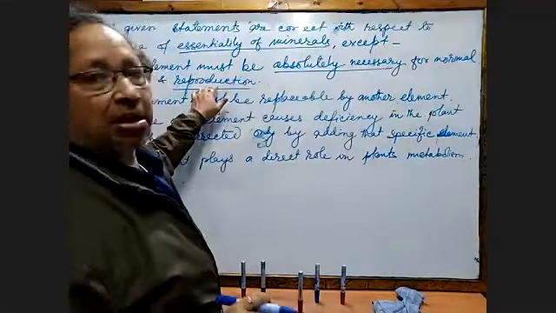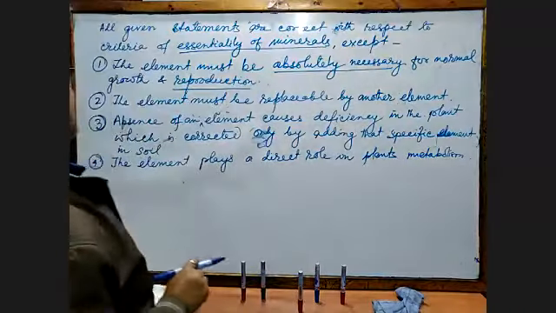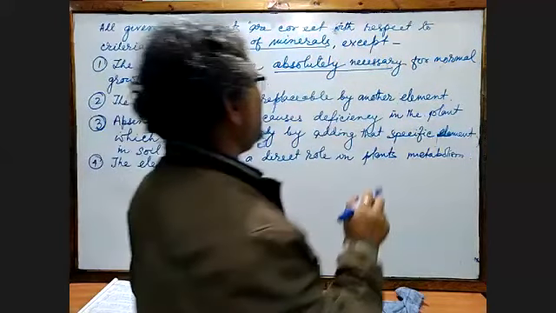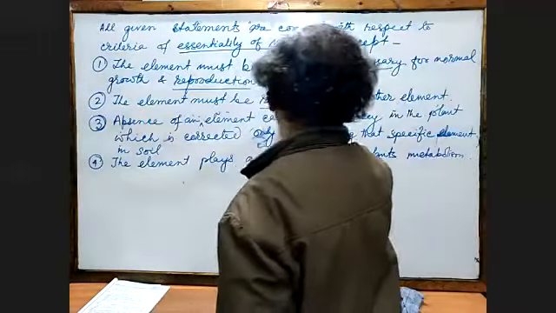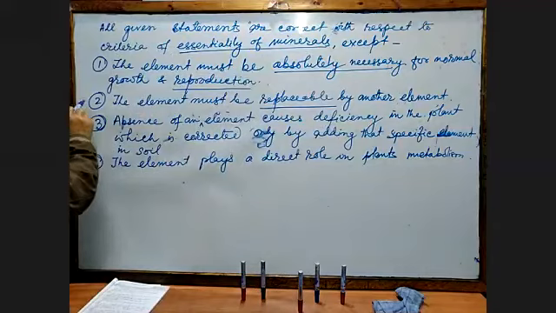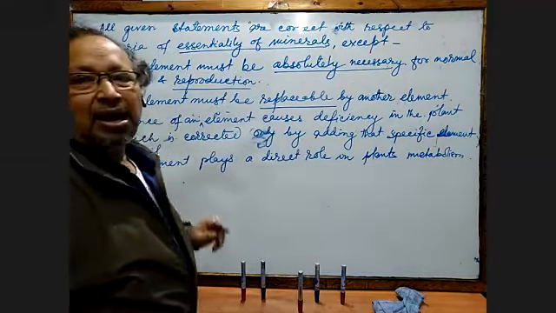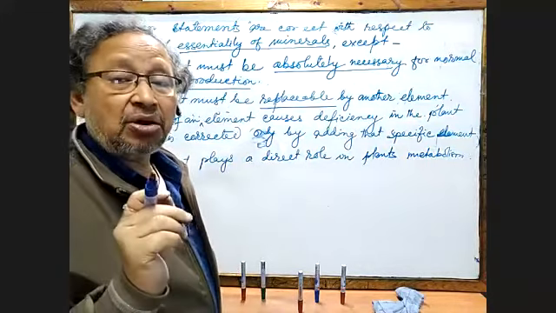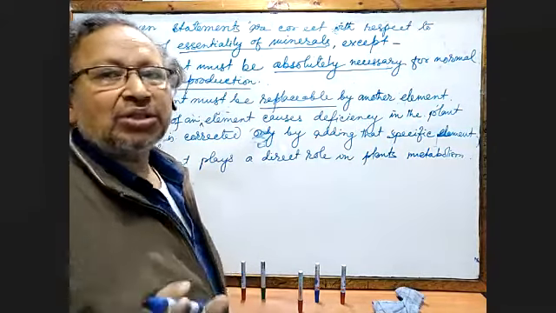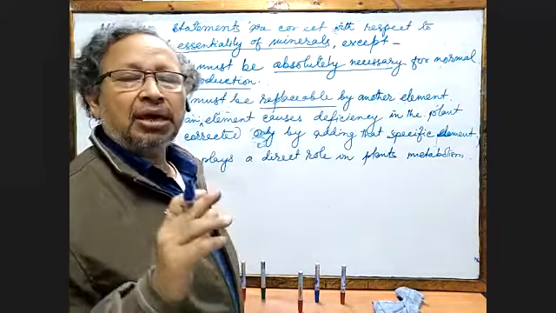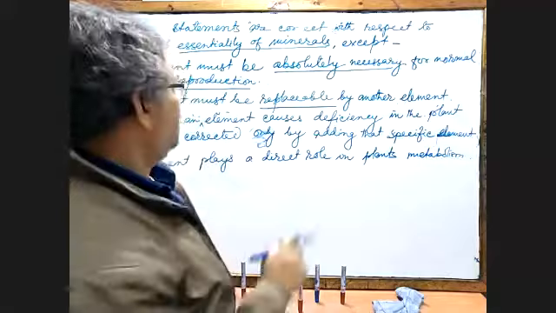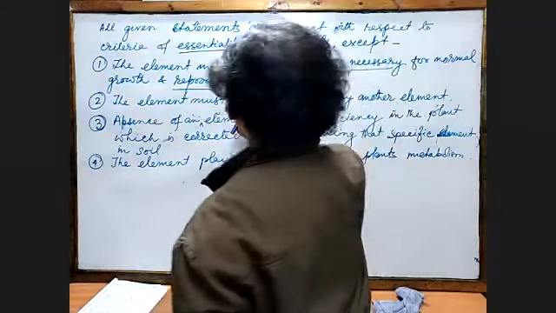Okay, so successful reproduction. Next point, the element must be replaceable by another element. See, this criterion is not correct. An essential element is one which cannot be replaced by any other element. There is no substitute, no alternative for an essential element. So this point is wrong.